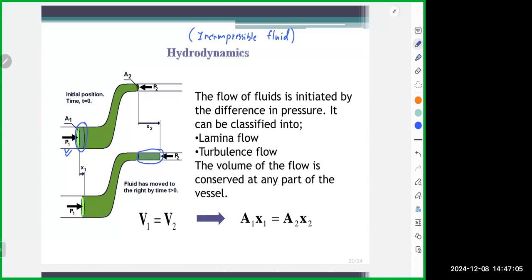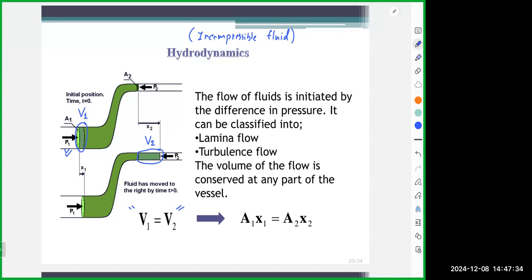So I assume that here is the volume V1, and right here we call it V2. If we apply the incompressible fluid, V1 must be equal to V2. Okay, and you can generalize it.